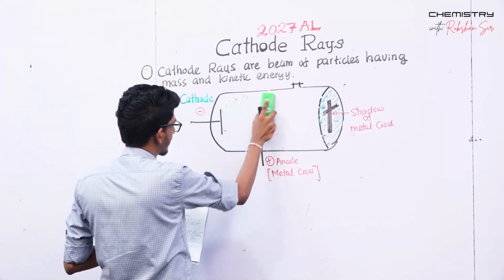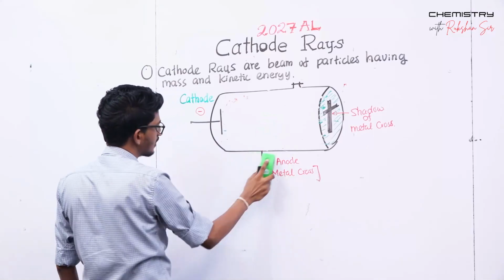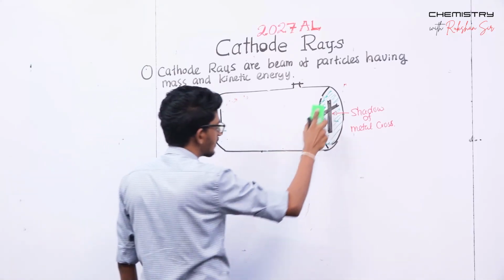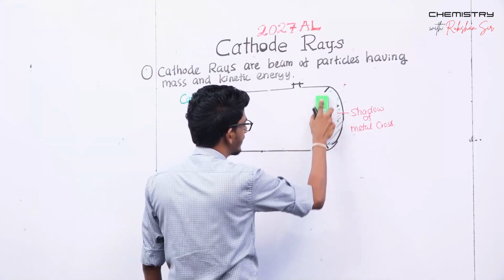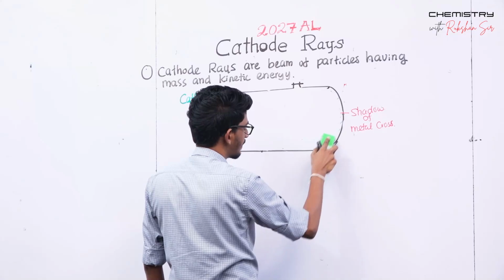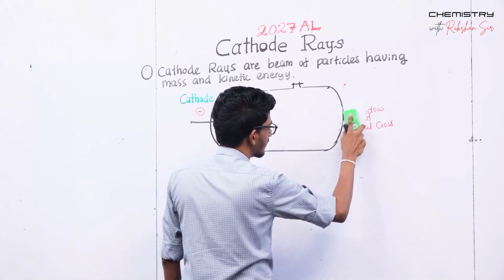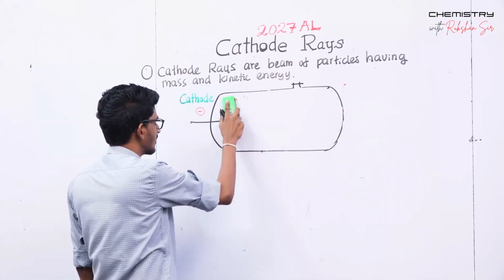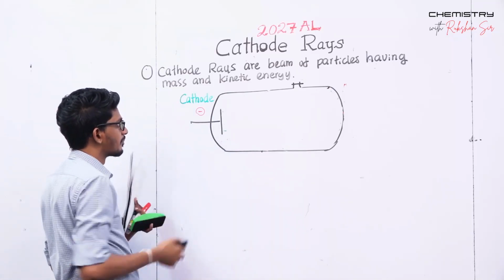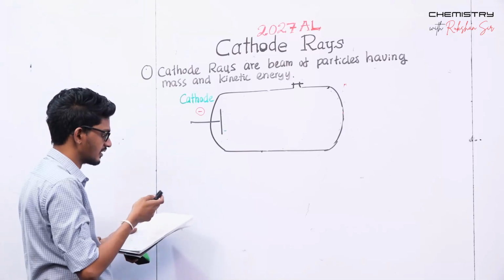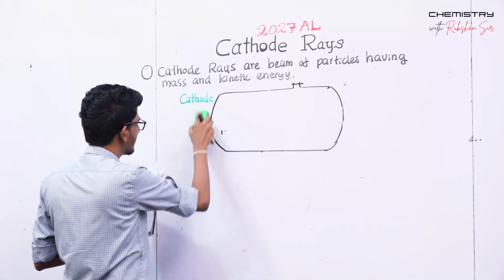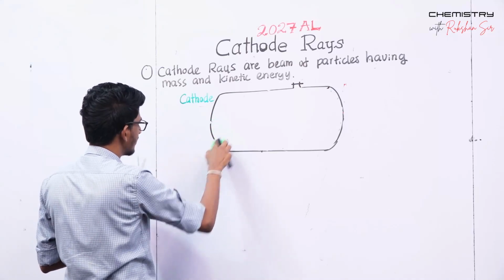So what kind of changes should be done to your cathode ray tube to observe this property of the cathode rays? You should be able to come up with the correct cathode ray tube for the required property. To observe this property, having mass and kinetic energy, we construct the cathode ray tube a bit differently than in the earlier situations.